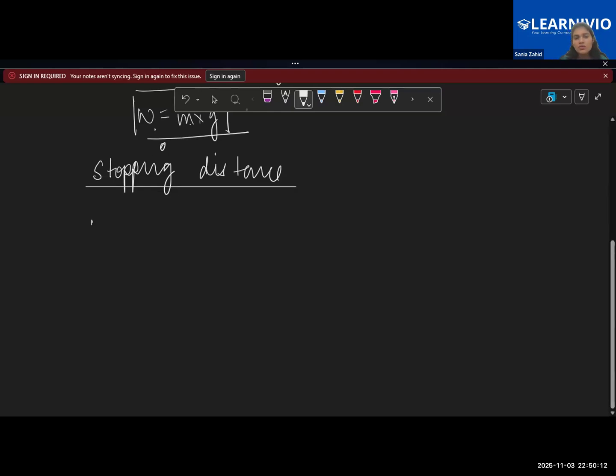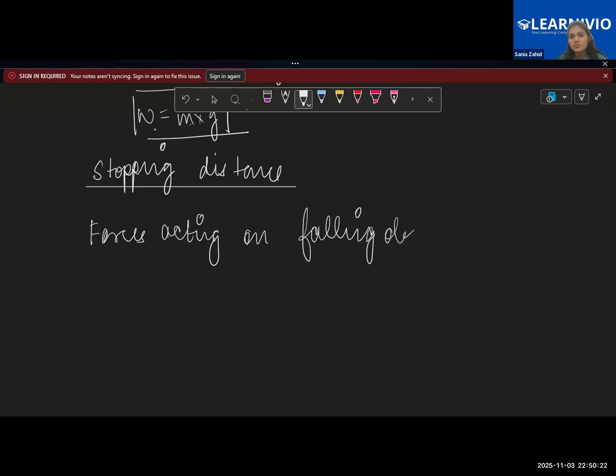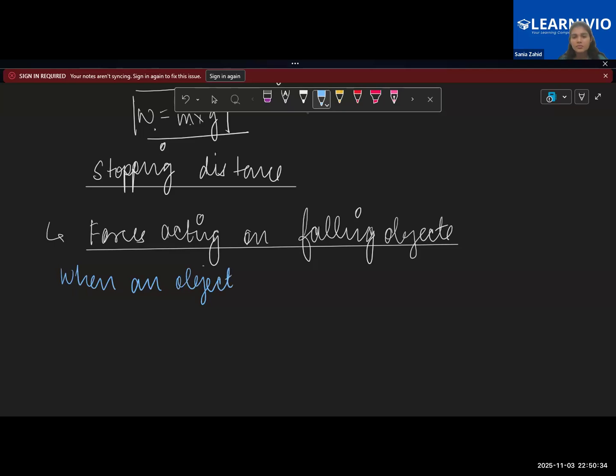What are the forces acting on falling objects? What are the forces acting on falling objects? So when an object falls, what do you have?